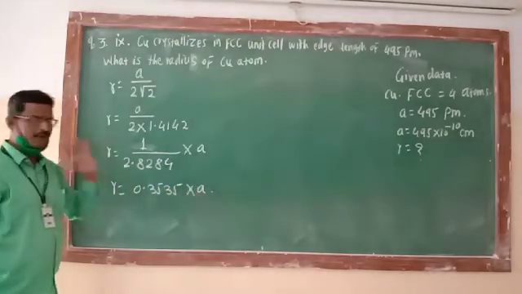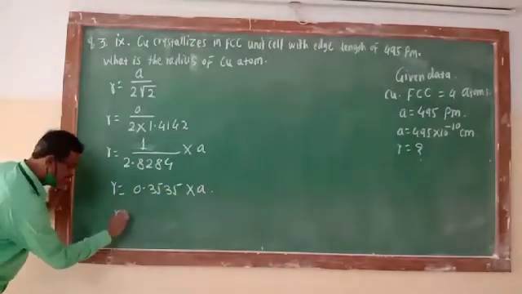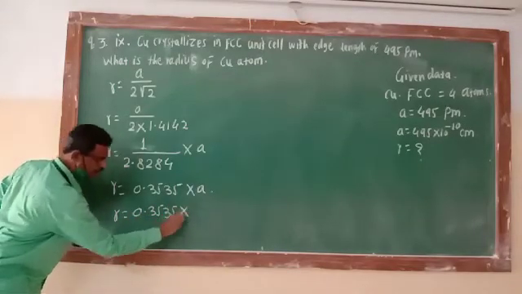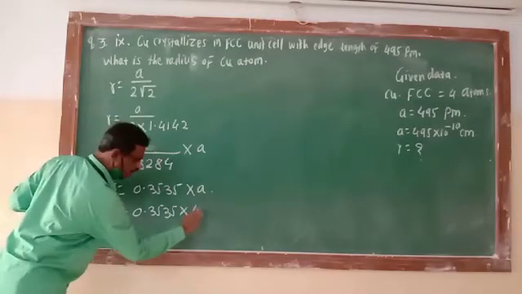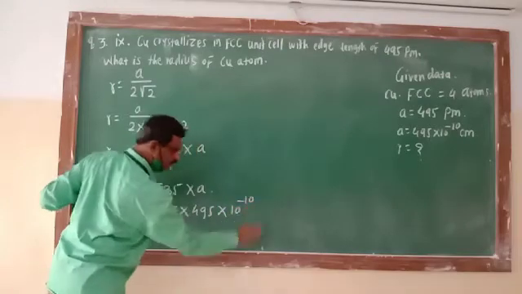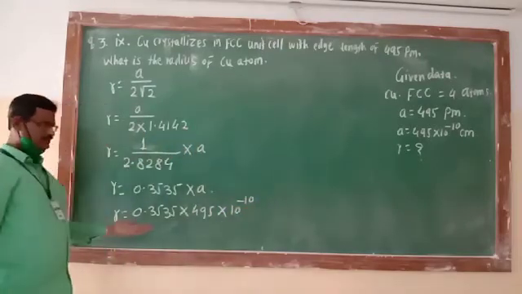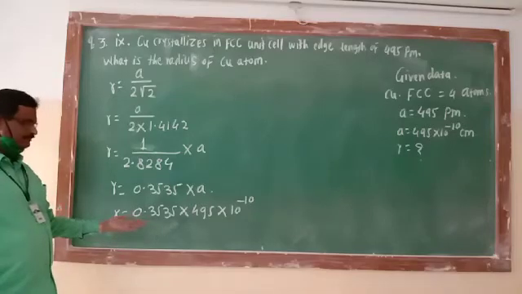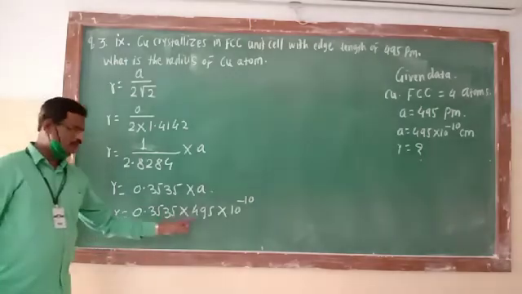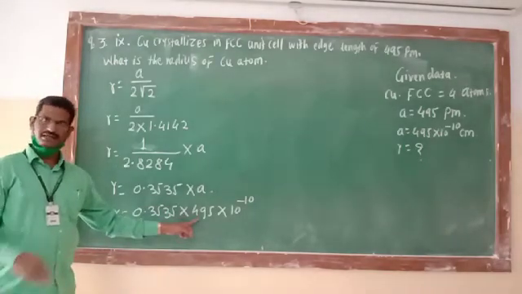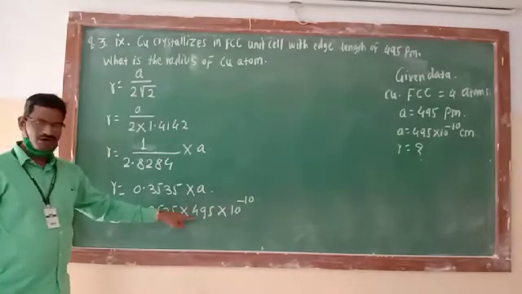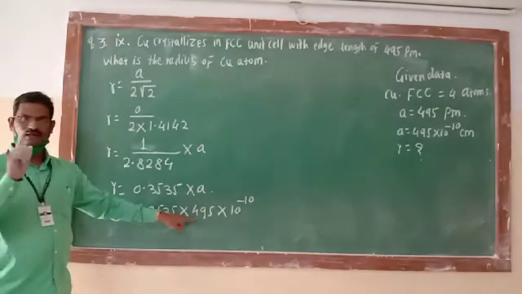Now substitute the value of a. Radius r is equal to 0.3535 multiplied by 495 into 10 raised to minus 10. So this is the radius in centimeter. How to solve this? Log of first term plus log of second term and then antilog.